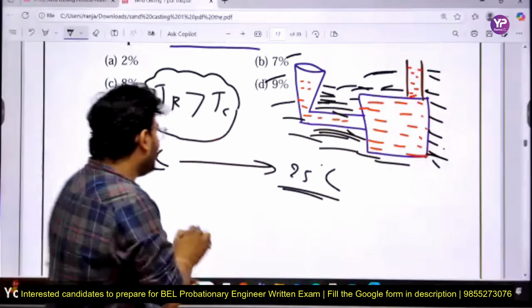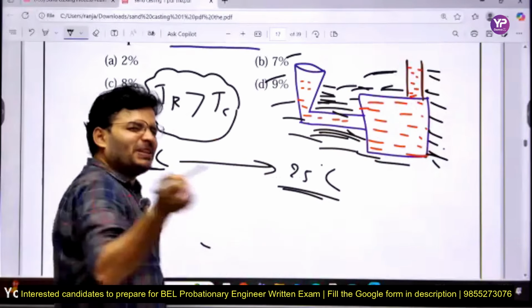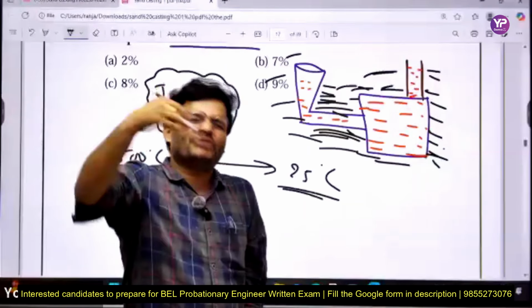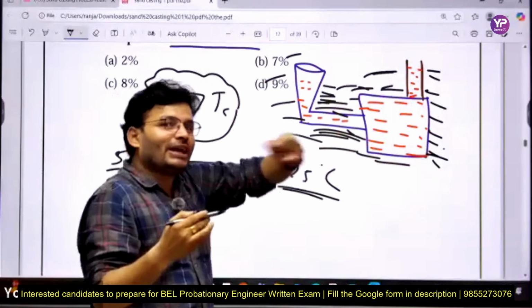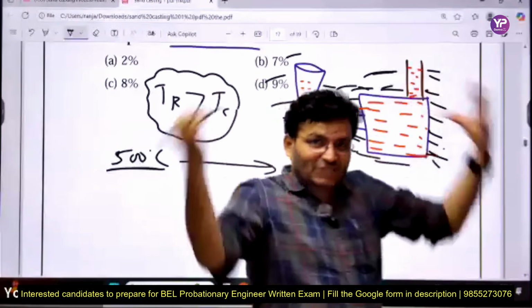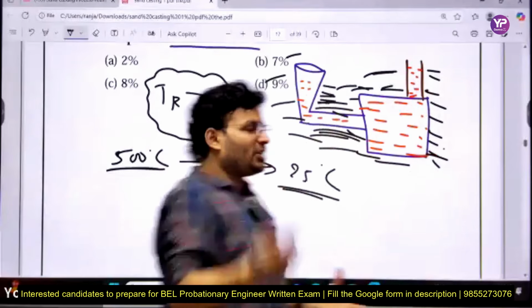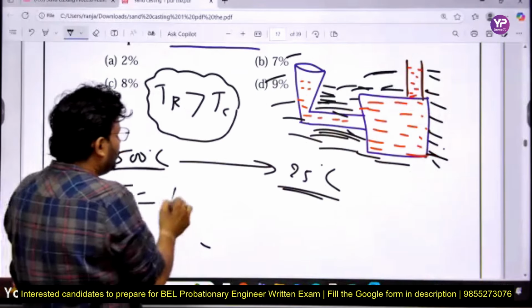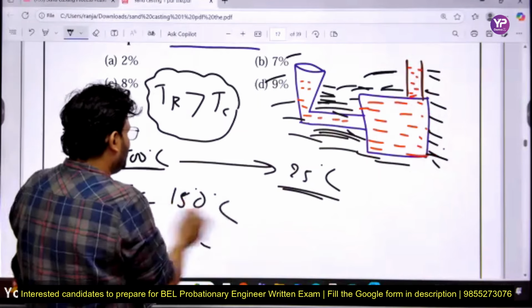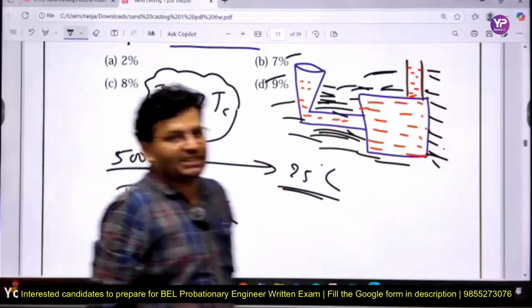Now listen, let's assume the phase change, liquid to solid, takes place at some temperature. This will be taught in thermodynamics. So let us take the phase change temperature as 150 degrees Celsius.